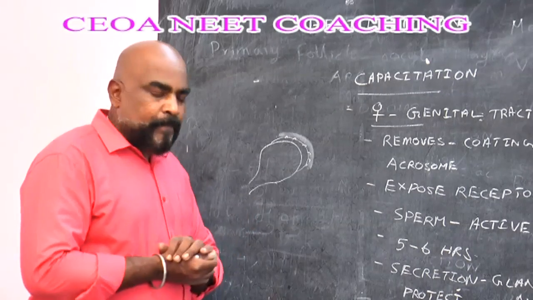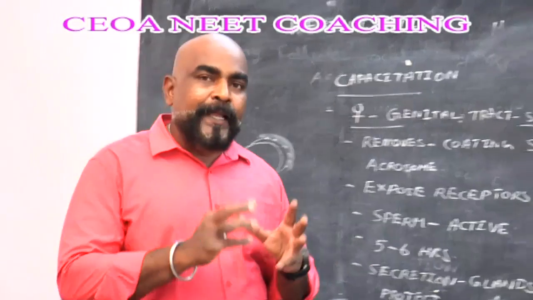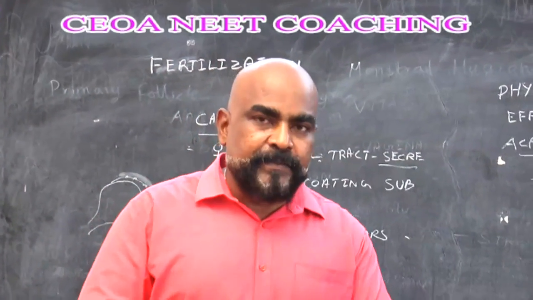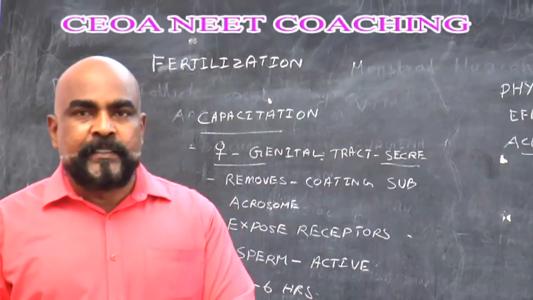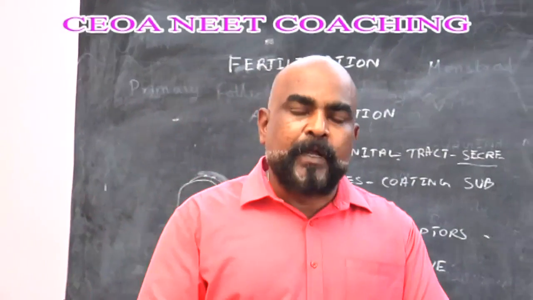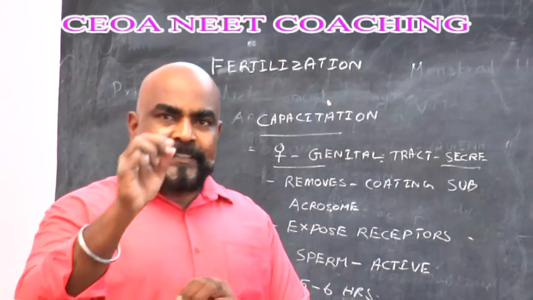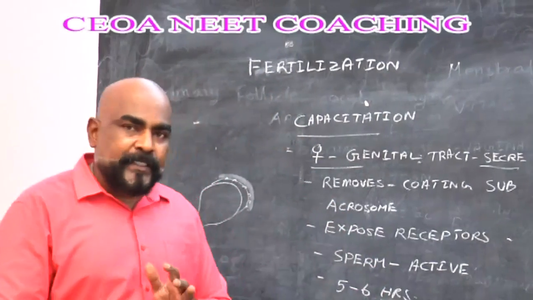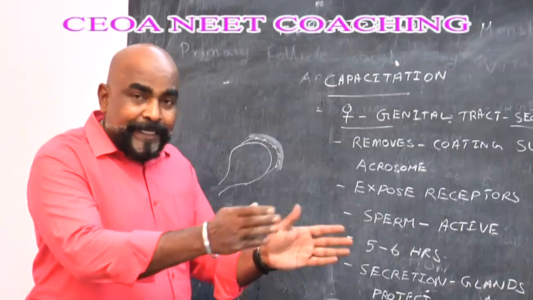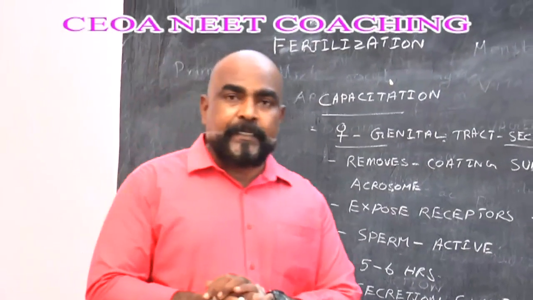Apart from this, the secretions of the male reproductive accessory glands, as we have seen, the seminal vesicle and bulbourethral glands, protect the spermatozoa from the acidic condition prevailing inside the female genital tract.